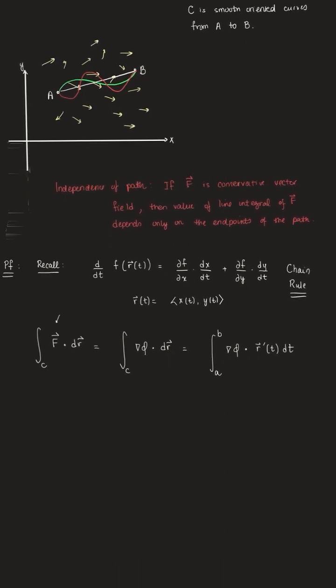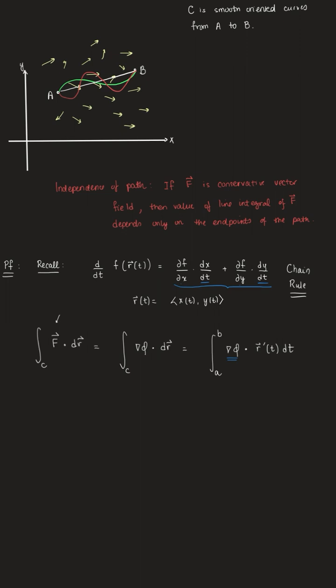And you can see that this is a dot product of a gradient and r prime, right? Here's r prime, dx dt, dy dt. And df dx, df dy, that's the gradient of some function f, or in this case phi.